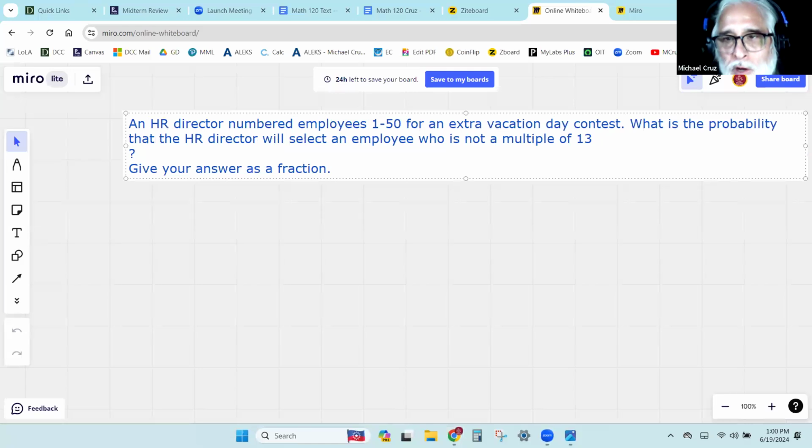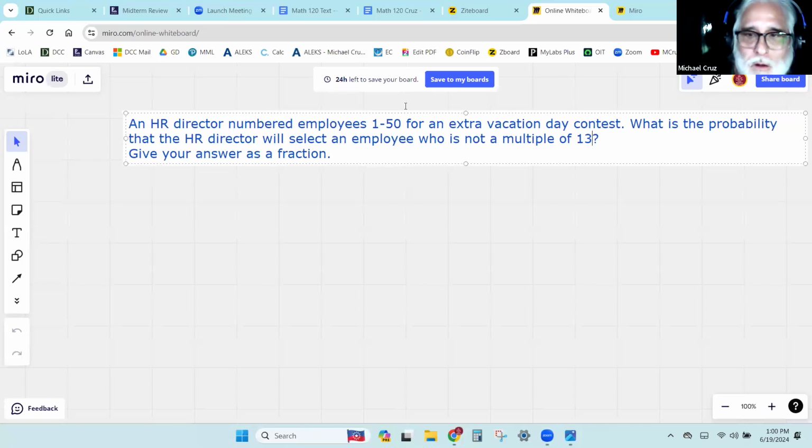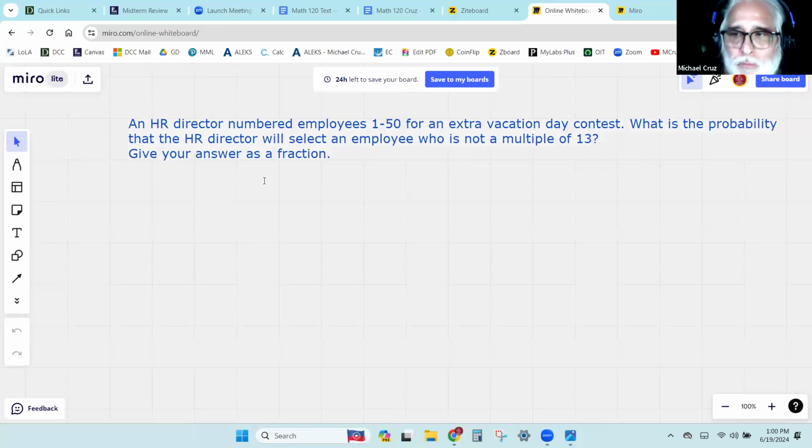An HR director numbered employees 1 through 50 for an extra vacation day contest. What is the probability that the HR director will select an employee who is not a multiple of 13? All right. So, multiples of 13.